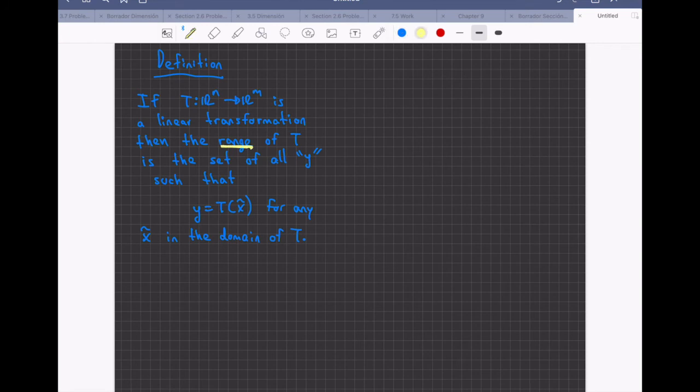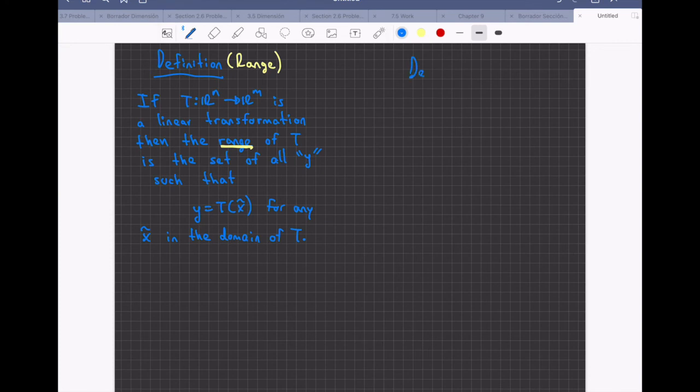So the range of T is the set of all the elements that the linear transformation returns. When you choose one element in the domain and you apply the transformation to that element, that result is a member of the range.